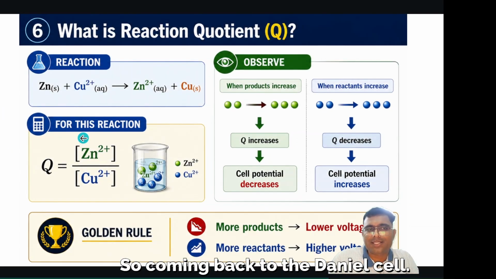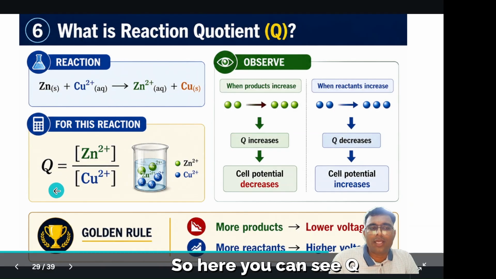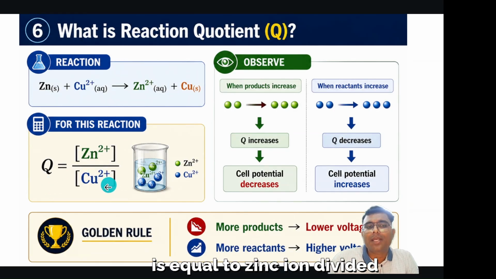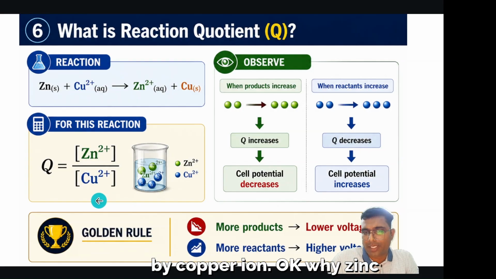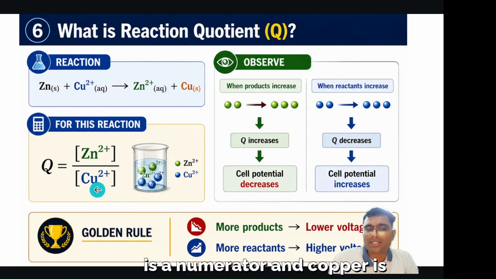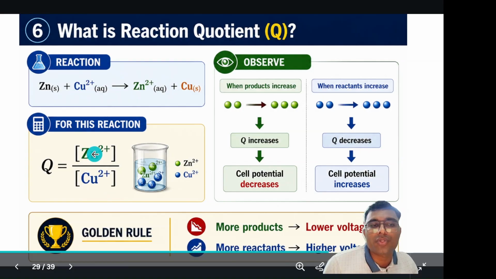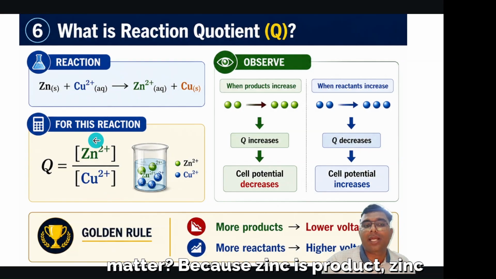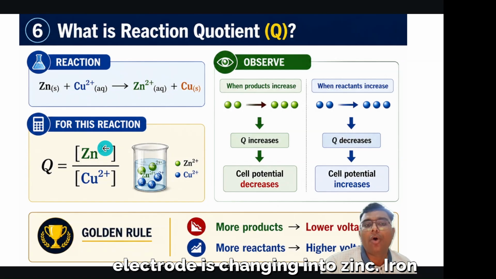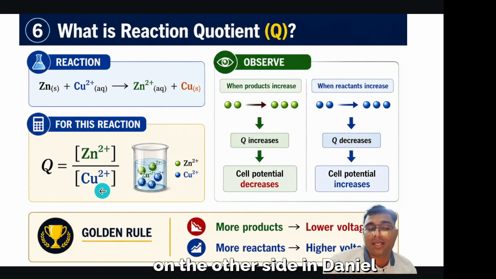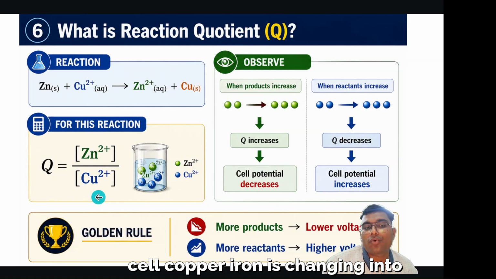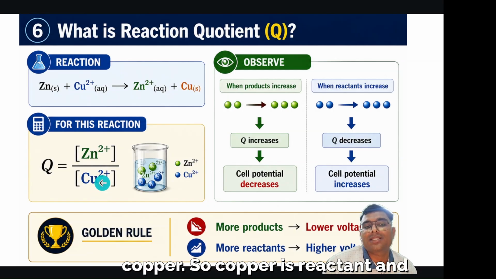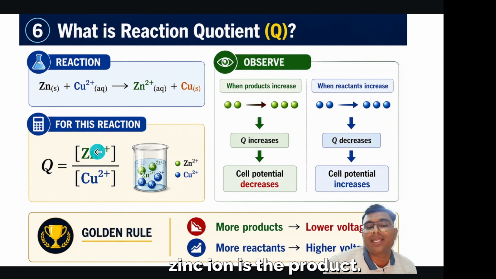Coming back to the Daniell cell, here you can see Q is equal to zinc ion concentration divided by copper ion concentration. Why is zinc at the numerator and copper at the denominator? Because zinc is a product, the zinc electrode is changing into zinc ion. On the other side, in the Daniell cell, copper ion is changing into copper, so copper is a reactant and zinc ion is a product.